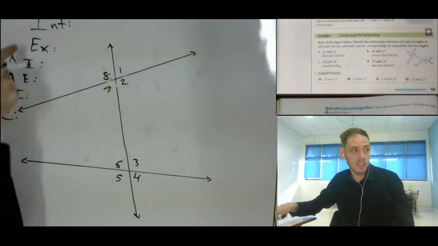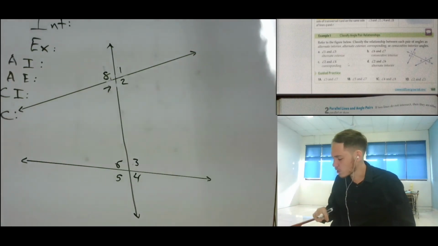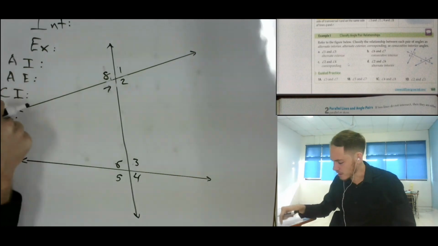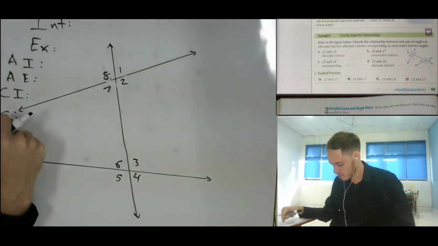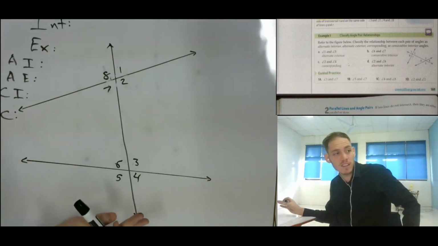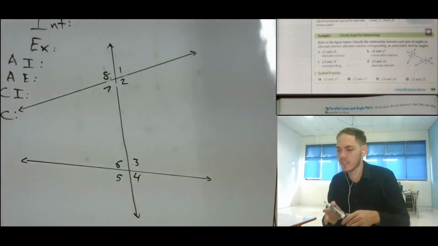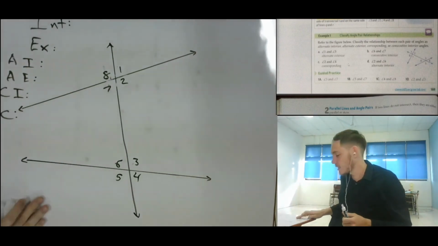So all interior, exterior, alternate interior, alternate exterior, consecutive interior, and corresponding angles. I want you to label all of the relations here. Sound good? Pause the video and do that, and we'll move on to the next thing.